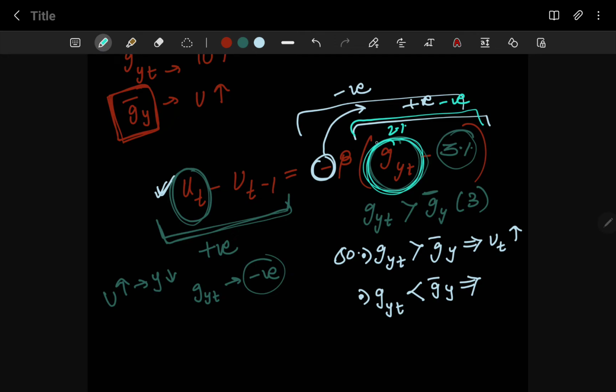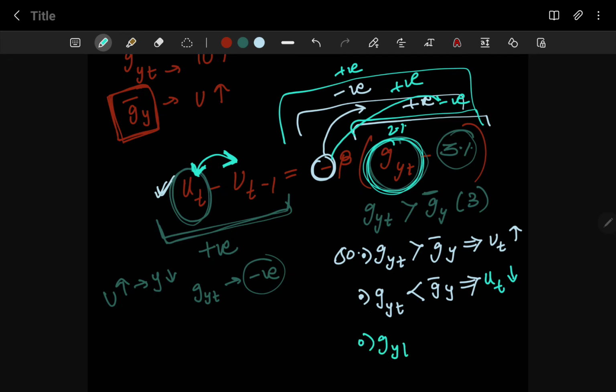If this is negative, then the negative is going to turn out to be positive, so this entire term will be positive. If this is positive, it means your UT minus UT minus 1 is positive. If this is positive, it means that your employment has declined, right? Meaning current unemployment increased, right?